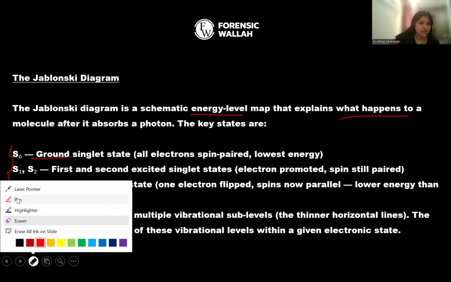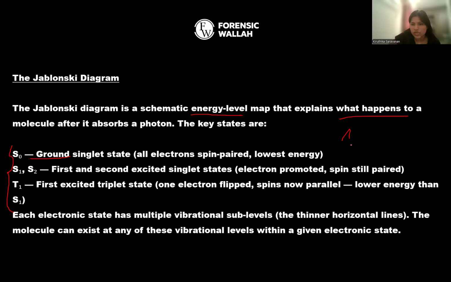The ground state will always be paired only. One will be in one direction and the other in the opposite direction, but they are always paired in the ground singlet state. That is S naught. Ground state is the lowest energy state.